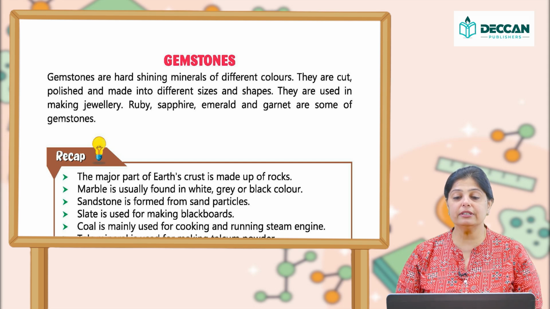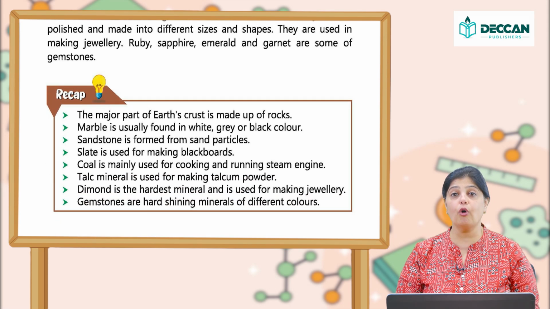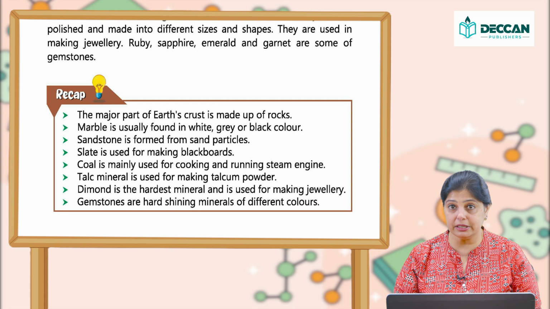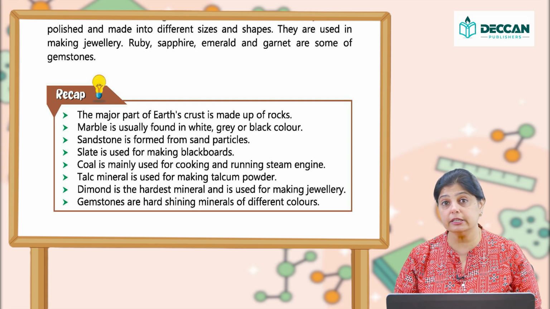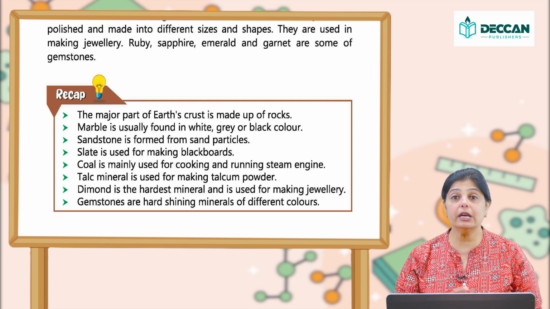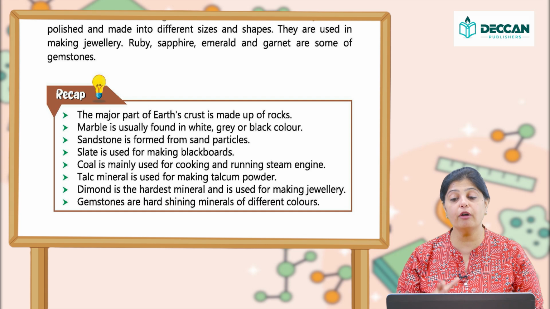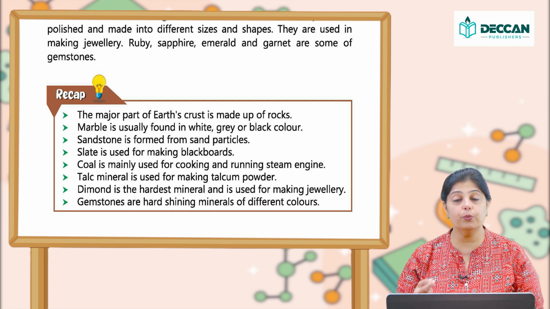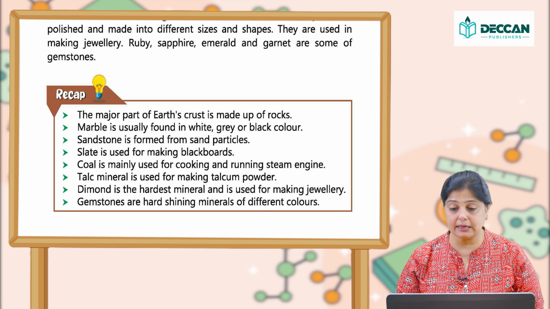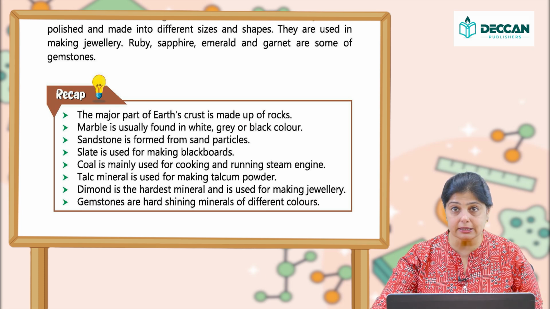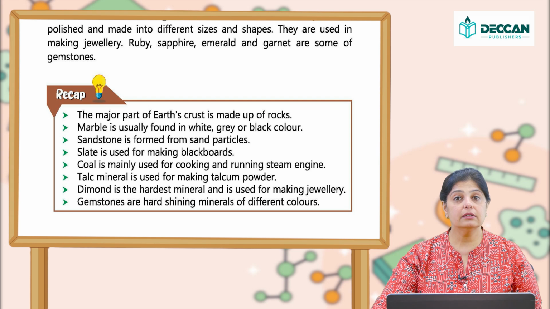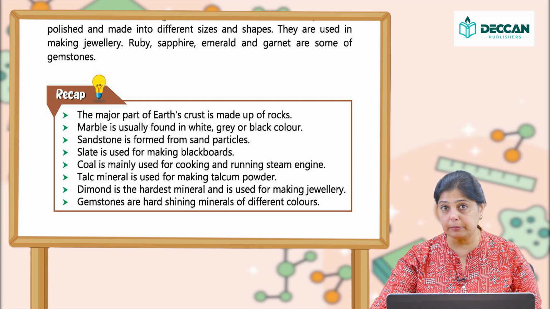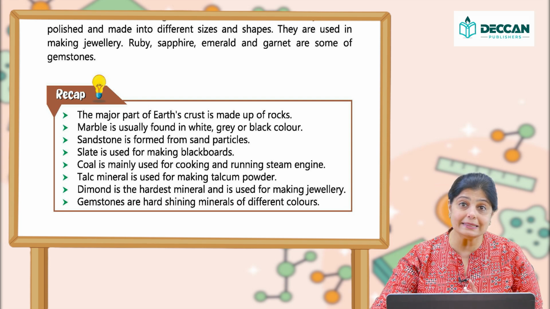So, children, let's do a quick recap on this chapter about rocks and minerals and see what we've learnt. The major part of the earth's crust is made up of rocks. Marble is usually found in white, grey or black color, and sandstone is formed from sand particles. Slate is used for making blackboards. Shale is used for making tiles.